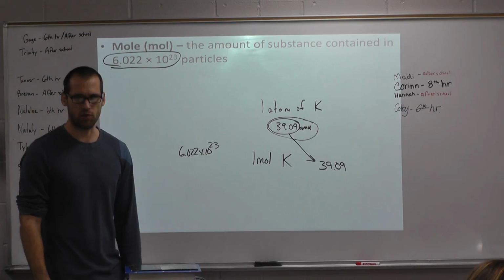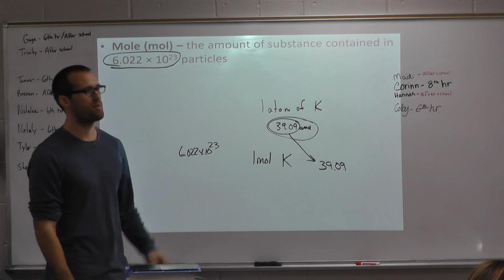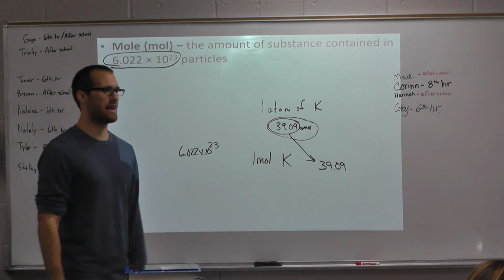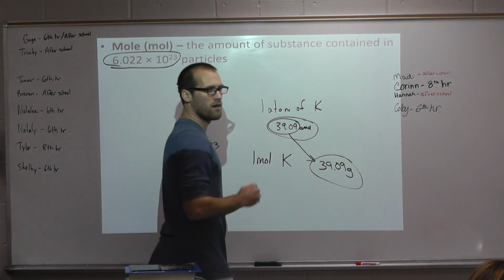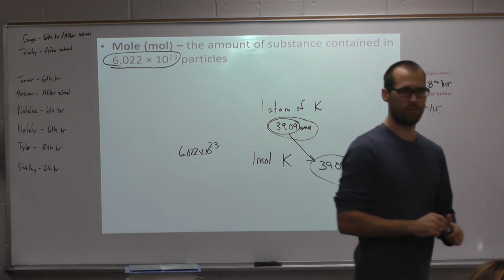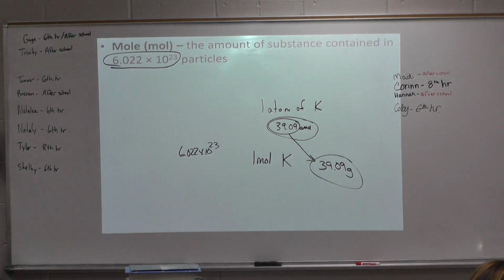It's a more meaningful unit. If I have a mole of potassium, I have 39.09 grams of potassium. That makes sense to us, doesn't it? We know what a gram is, don't we?